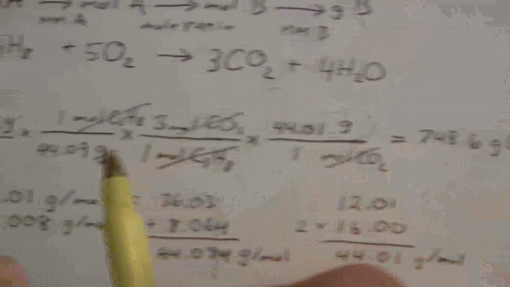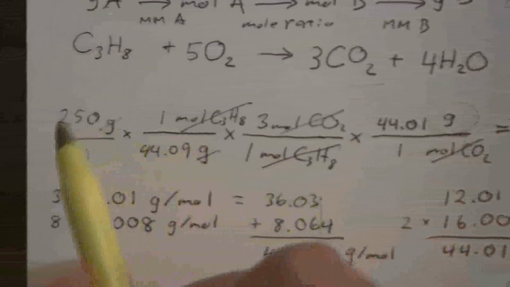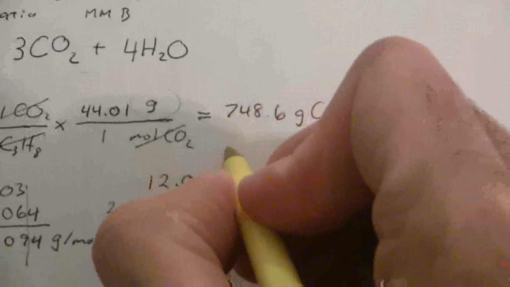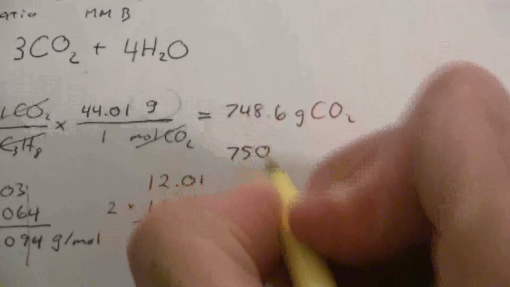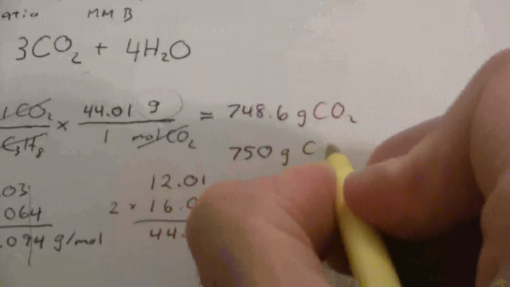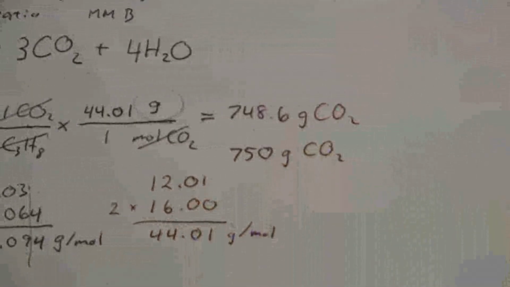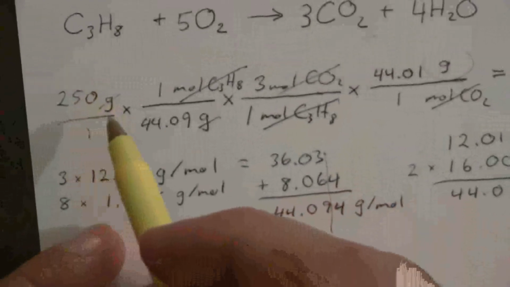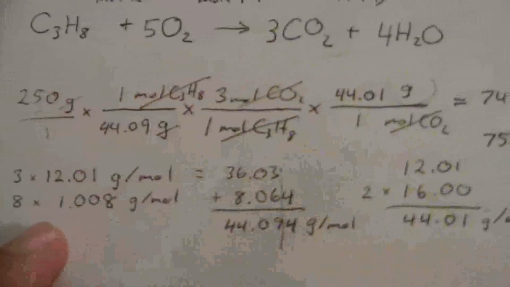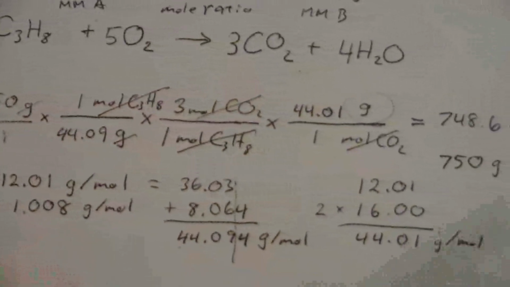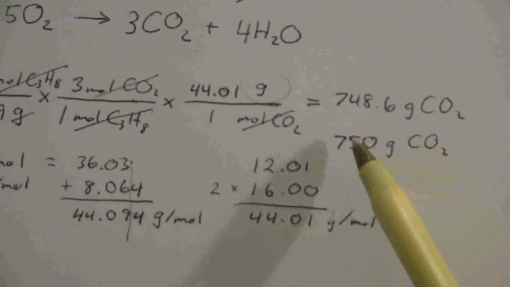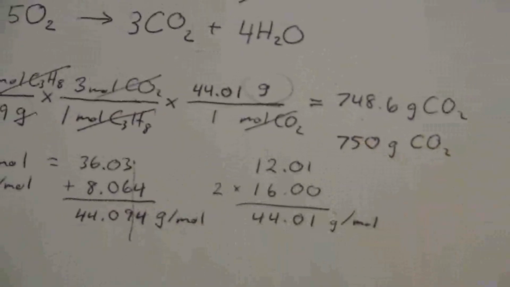If we kept this to our two significant figures, we would round this to 750 grams of carbon dioxide. So from a 250 gram container of propane, we release 3 times as much, essentially, of carbon dioxide into the air.